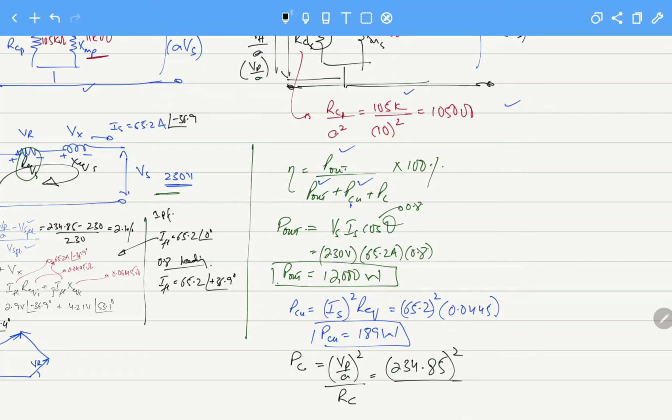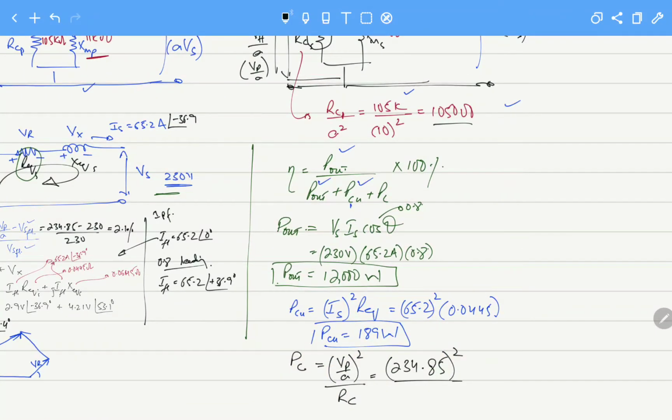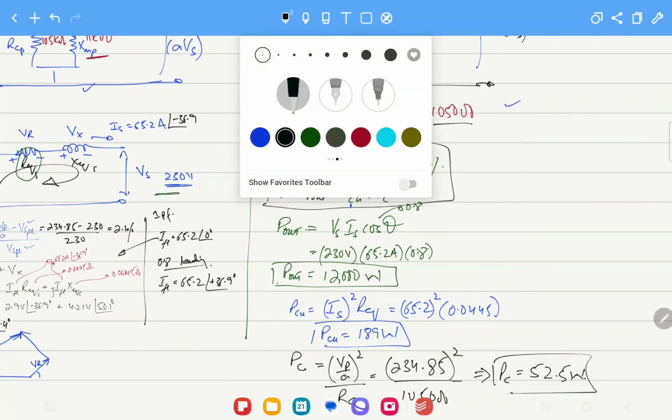And RC, what was the value of RC that we have calculated? It is 1050 ohms, and core losses will be, sorry, 52.5 watts. Yes.